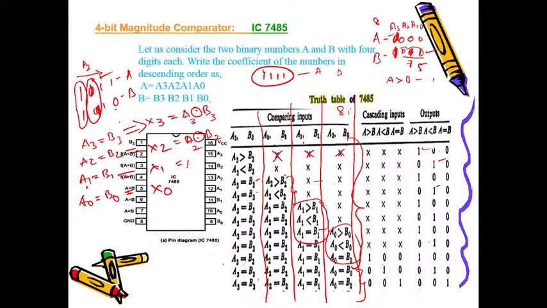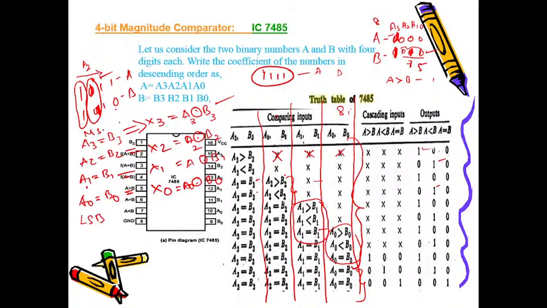You can rewrite A3 XNOR B3. Did you get what I'm trying to say? B1 again, A naught XNOR B naught. So the same equality function could be detected with 4 XNOR gates, which I have assigned as x3, x2, x1, x0 for each bit combination of A and B. So this is the logical expression of your equality function: the equality of the MSB bit, the second from MSB, the third from MSB, and the LSB bit.